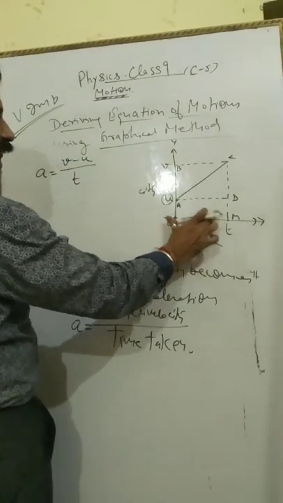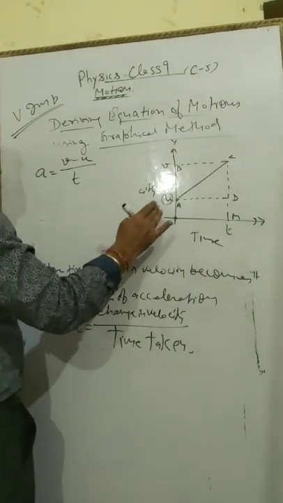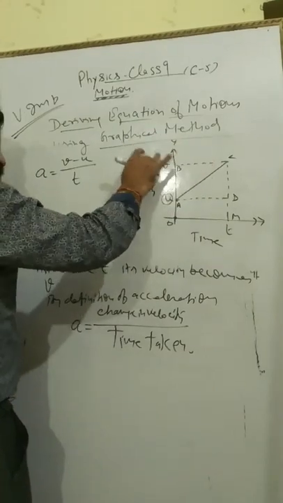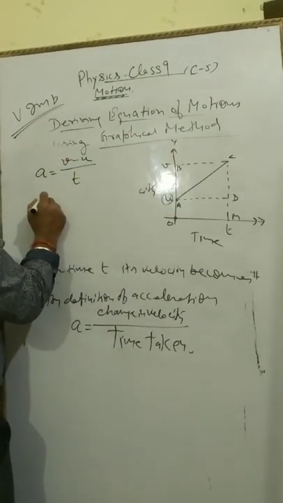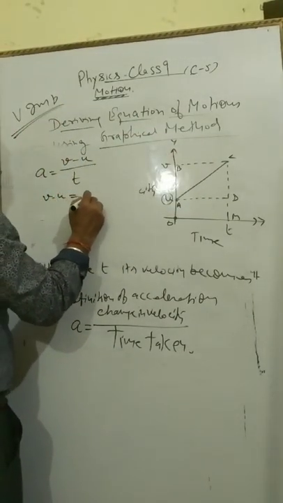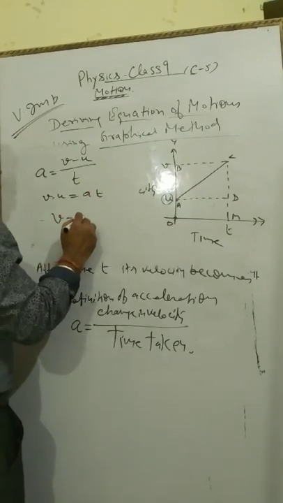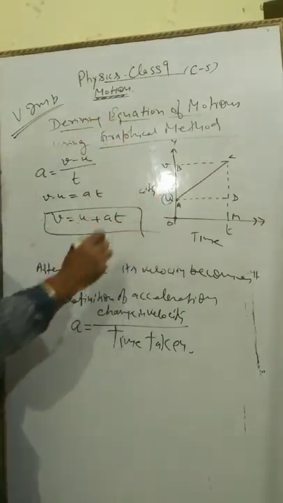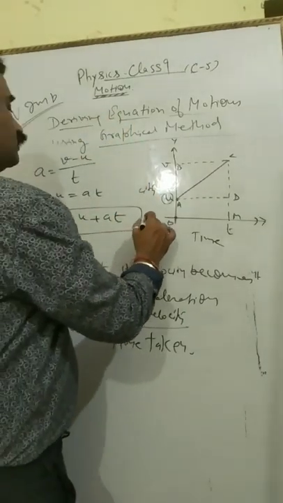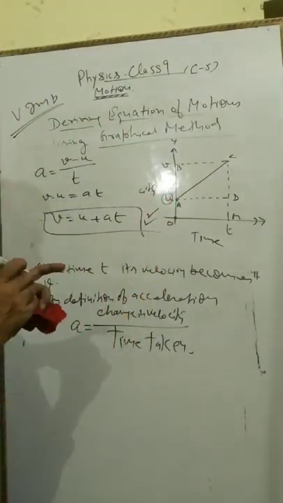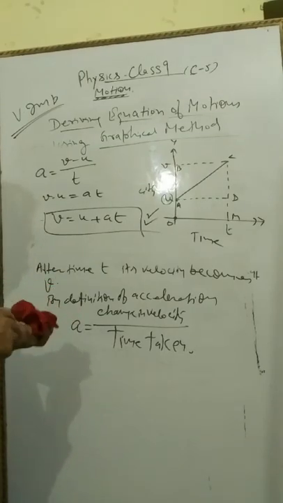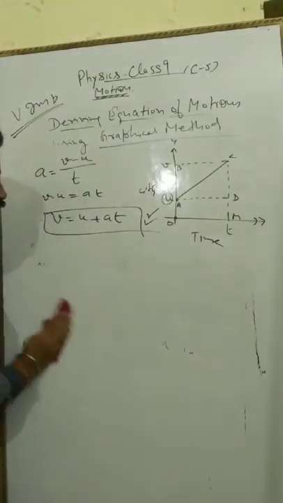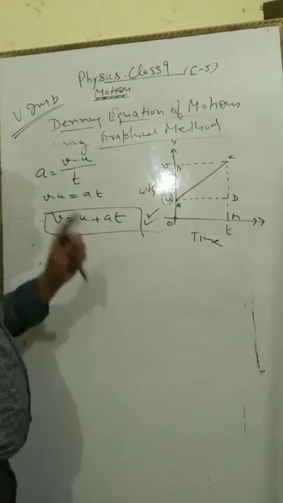T is the time taken by the object to change its velocity from u to v. Now it could be written as v equals u plus at. This is the first equation of motion we are having, and now we will go for the second equation of motion.